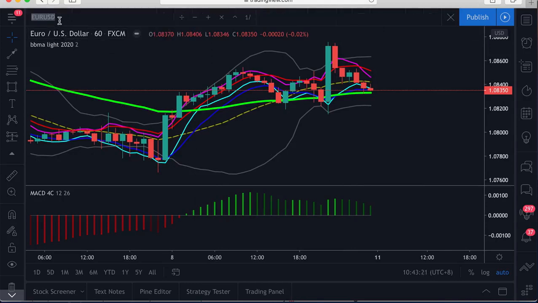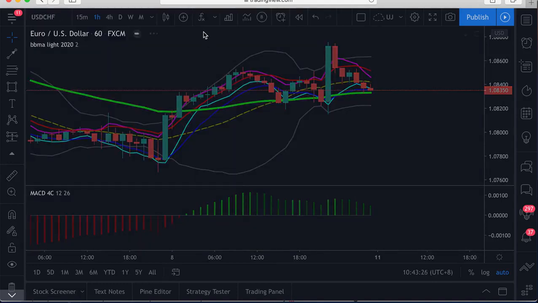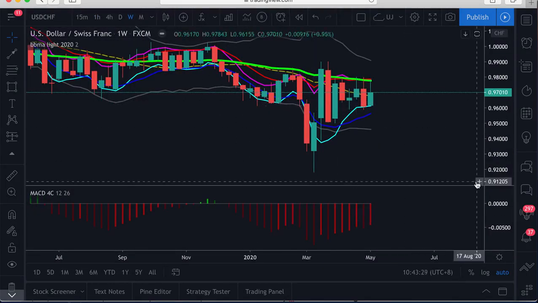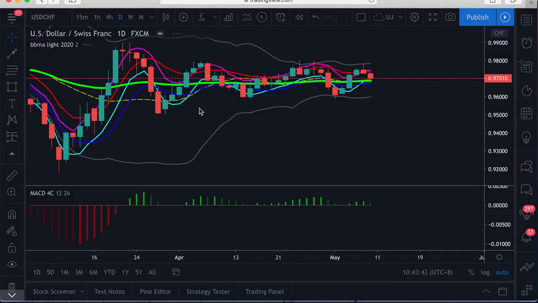Okay, next pair, USD CHF. Same thing, reverse with the Euro USD. USD CHF is at the re-entry sell zone, which is up here. So price rejected the EMA 50 here, and we look at daily doing a MHV sell.